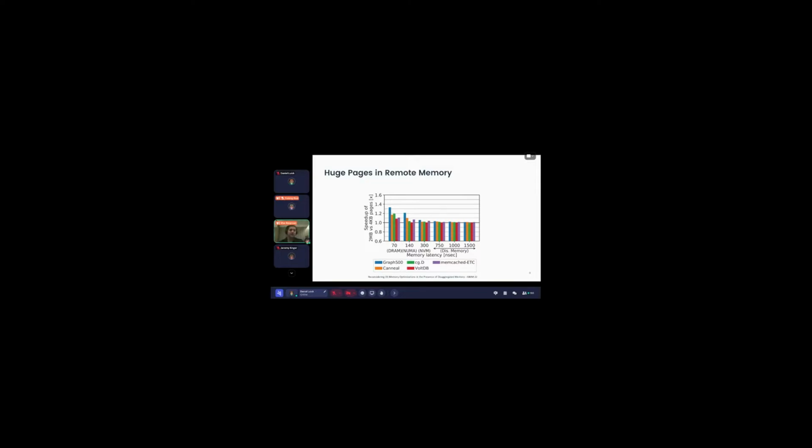If we look at the graph, the y-axis depicts the speedups gained by using huge pages over base pages, and the x-axis is the access latency to the memory. At the small end of the latency spectrum, for example, local DRAM accesses and NUMA accesses, all workloads exhibit speedup. This kind of makes sense, as huge page support for operating systems is designed for these latency regimes.